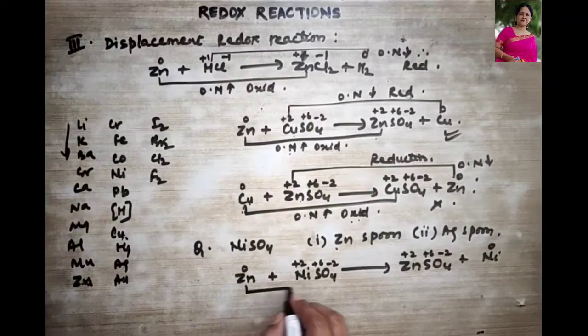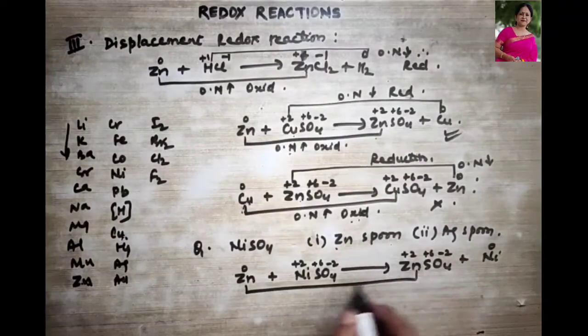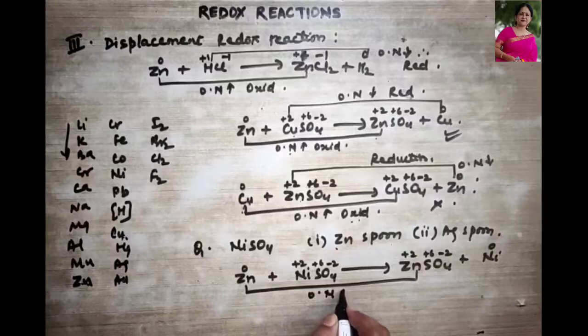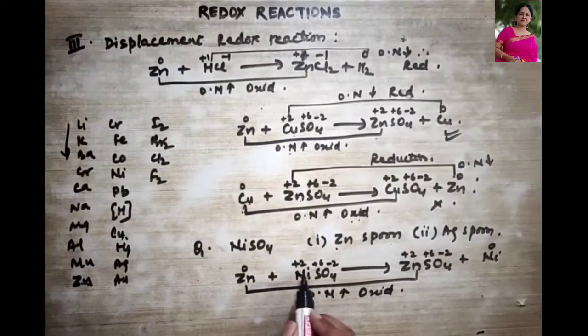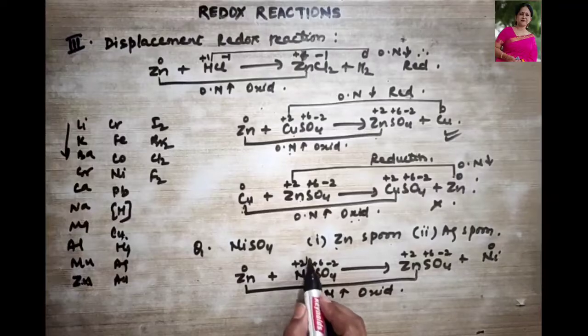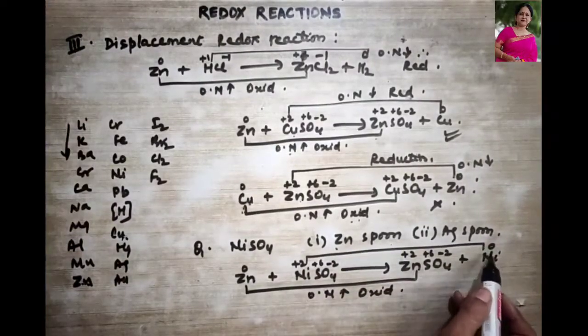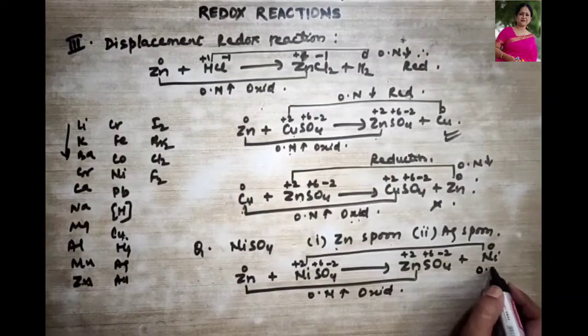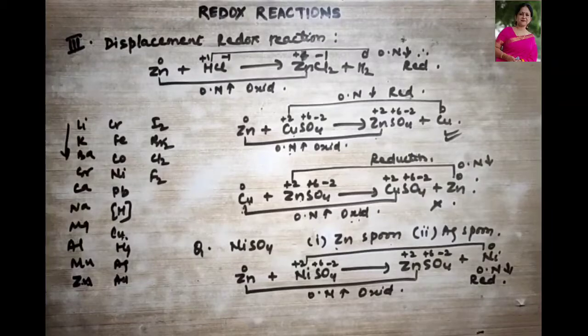So what happened to zinc? From 0 to +2, that means oxidation number has increased. Oxidation is taking place. Now look at nickel. From +2 to 0, that means the oxidation number has decreased, so it shows reduction. Clear?